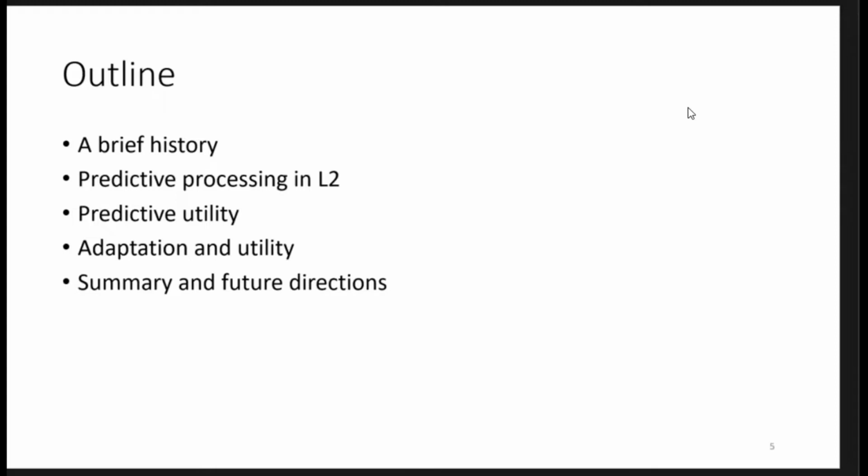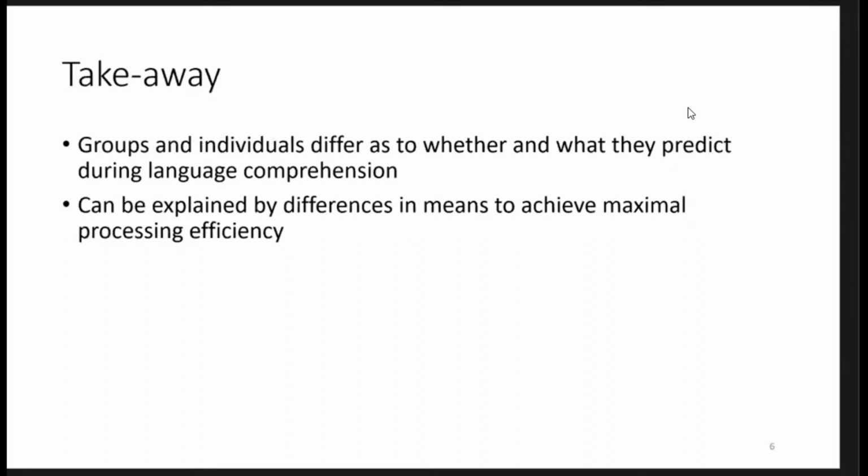And then I'll conclude with some future directions. So you guys can all fall asleep, but if you do fall asleep, the takeaway message of this talk is that groups and individuals differ as to whether they predict and what they predict during language comprehension. And those differences can be explained by differences in means to achieve maximal processing efficiency. So that's the idea of utility.